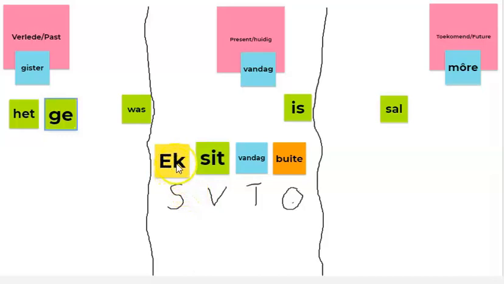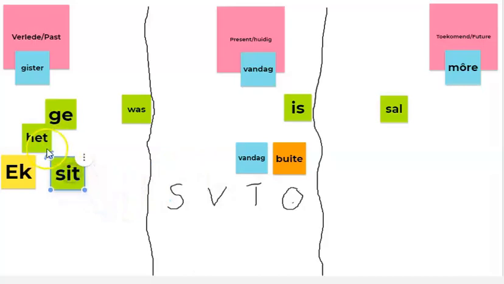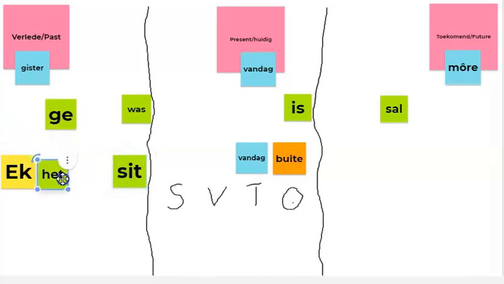So when I go back into time, ek obviously will always stay the same. And then we have het. Now het comes and basically says, I don't want funny things here. So as sit is coming back through time, het comes and kicks sit right to the end of the sentence and takes its place because he feels he's very important.